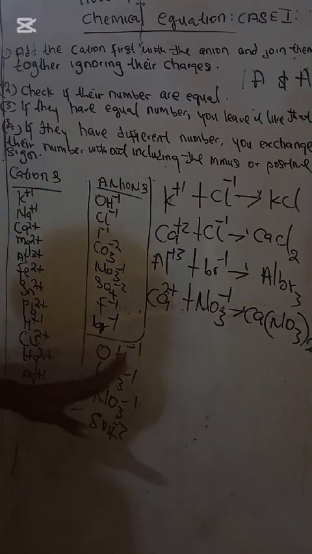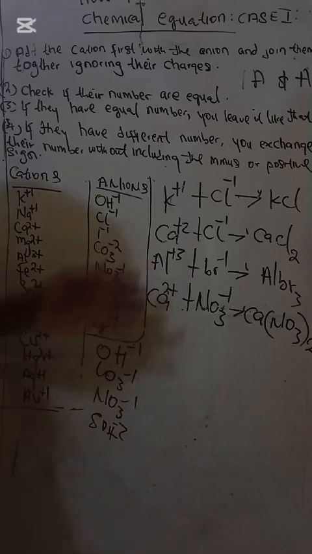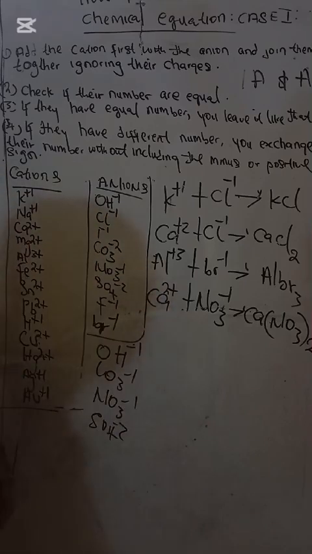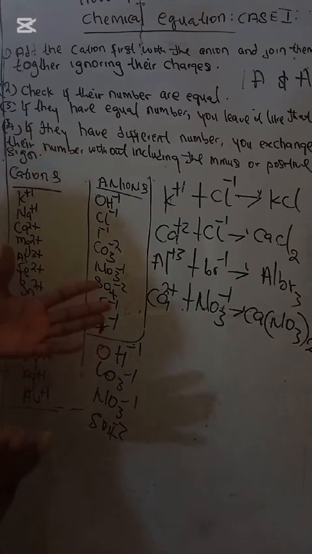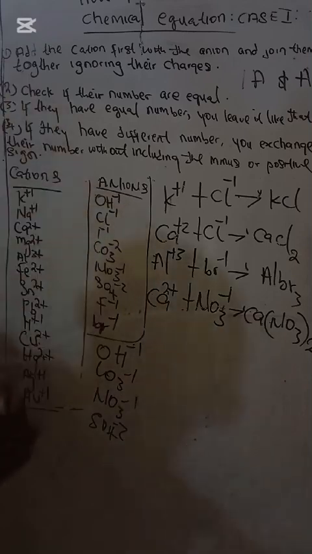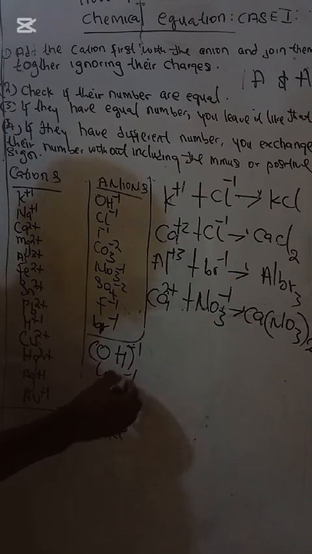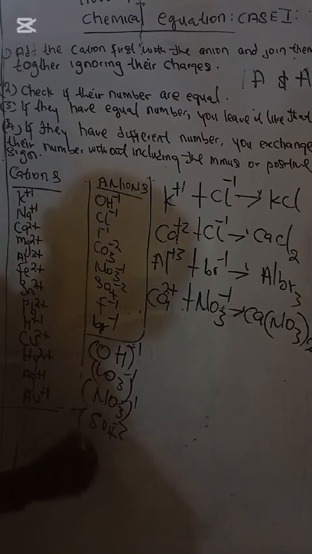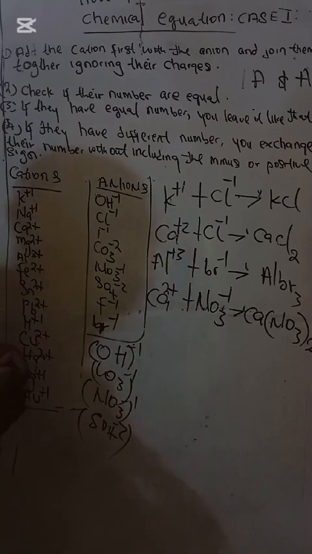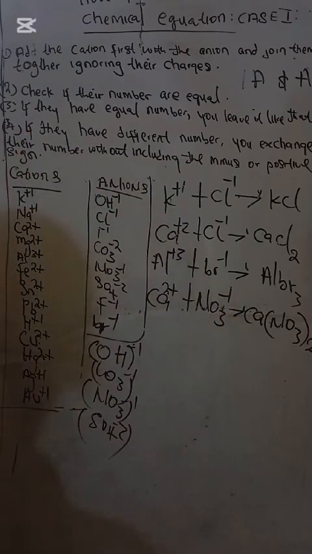They consist of different elements. So anytime that you are exchanging a number among them, always remember to put a bracket before you do that. Do you understand? Okay, now let me quickly give one final example.